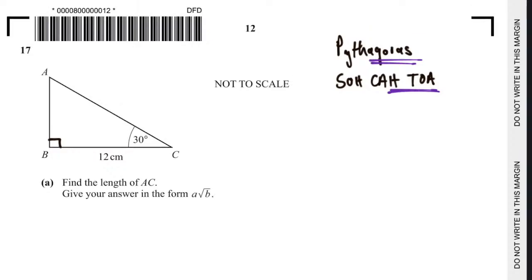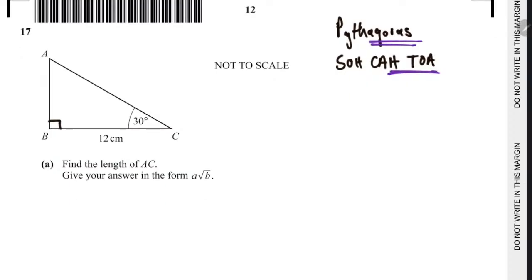You must have two sides that you know, and you must have one side missing. They must give you two sides, and the question must ask you to find the third side on a right angled triangle.